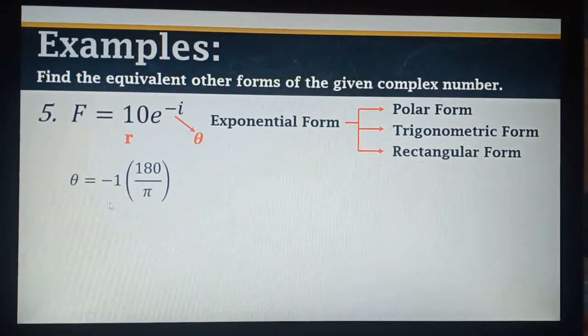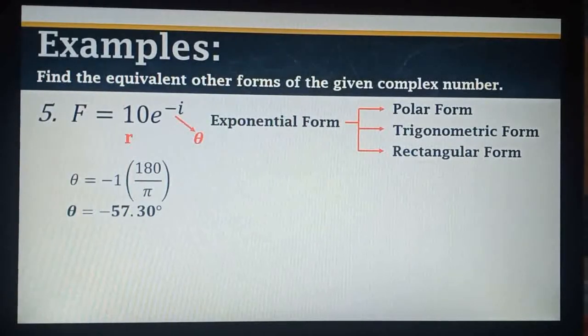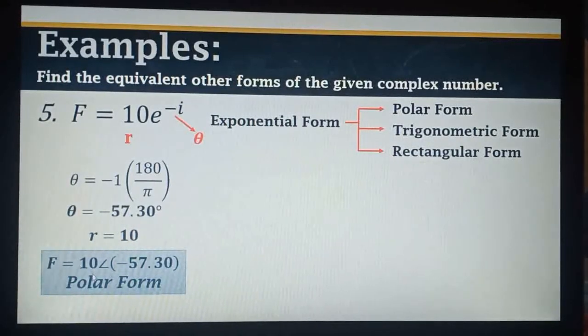So you have to convert the theta into degrees kasi yun yung kailangan natin sa polar form. So negative 1 multiplied to 180 over pi, the new theta is negative 57.3 degrees. So the polar form, knowing that r is equal to 10, you have 10 at angle negative 57.30.